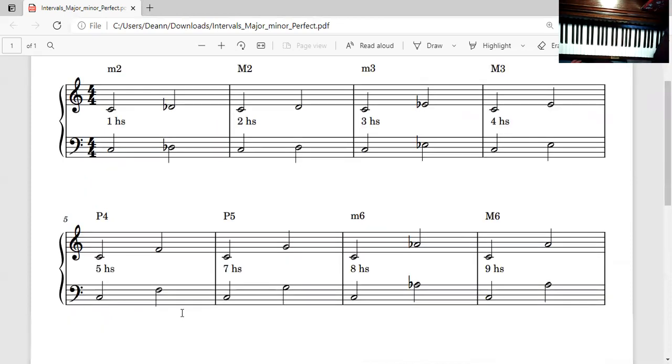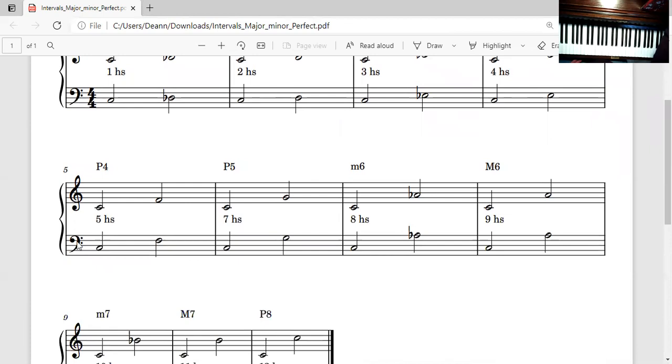Let's move down to the sixth. I know we're skipping fourths and fifths, and I'll tell you why in just a minute. A minor sixth is C to A flat. That distance has 1, 2, 3, 4, 5, 6, 7, 8 half steps. A major sixth, guess what, has 9 half steps. 1, 2, 3, 4, 5, 6, 7, 8, 9.